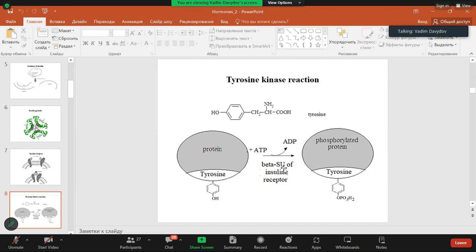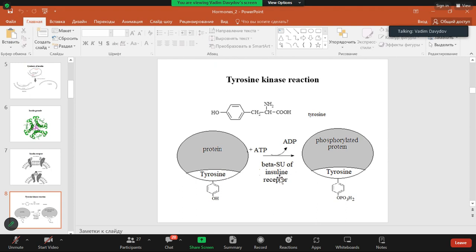Protein kinase A, I told you about. Protein kinase C, protein kinase G. That kind of protein kinase catalyzes phosphorylation of protein, but for phosphorylation uses amino acid residues such as serine and threonine.